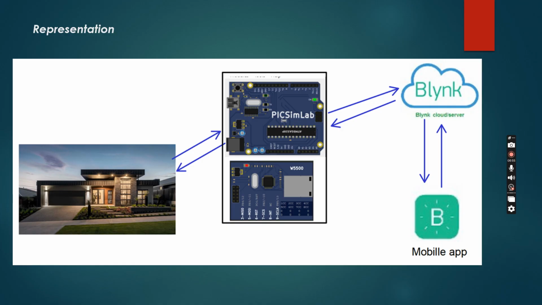It's a feedback system from home to Arduino to Blynk, and Blynk to the Blynk app, which is available in the Play Store. We use it to change or vary the controls using the Blynk app to change the outputs in the home for application purposes by using Arduino.